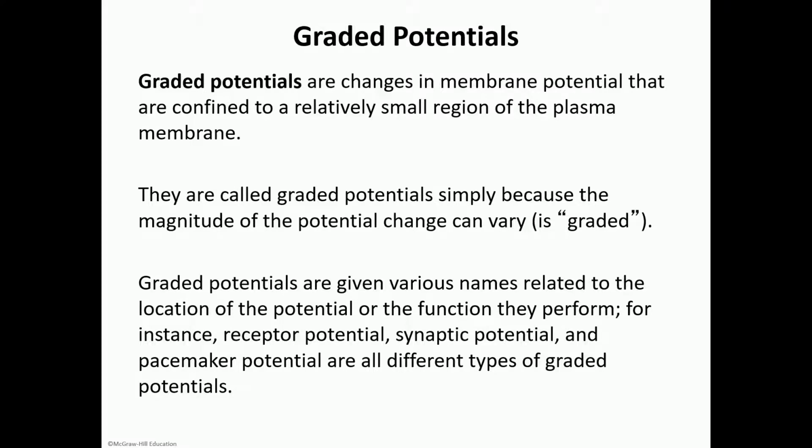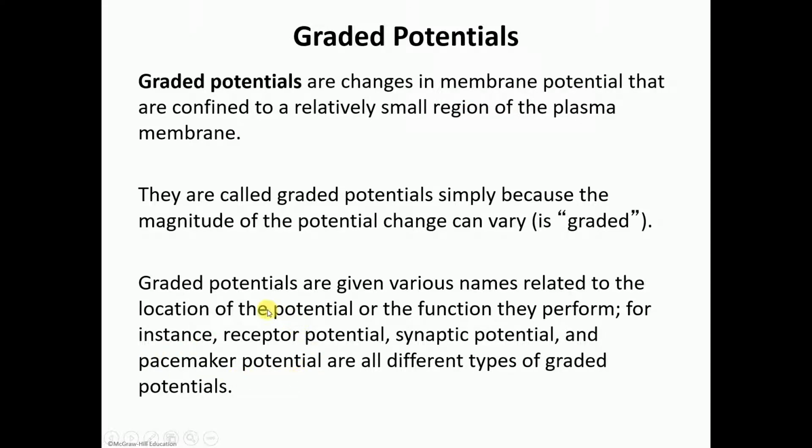The pacemaker has the ability to make its own electricity. It's kind of like a battery in the heart that leads to these heartbeats. So the pacemaker has the ability to make electrical changes on its own. That is known as a pacemaker potential.